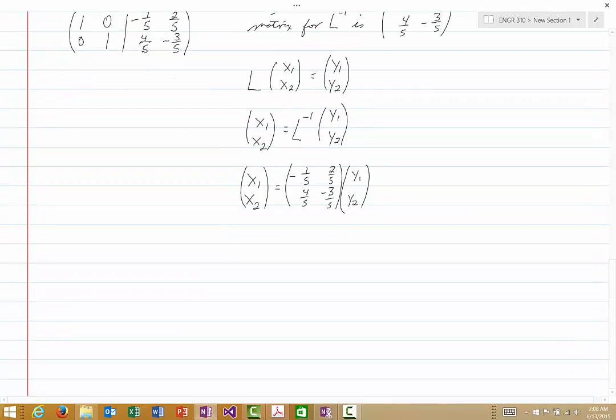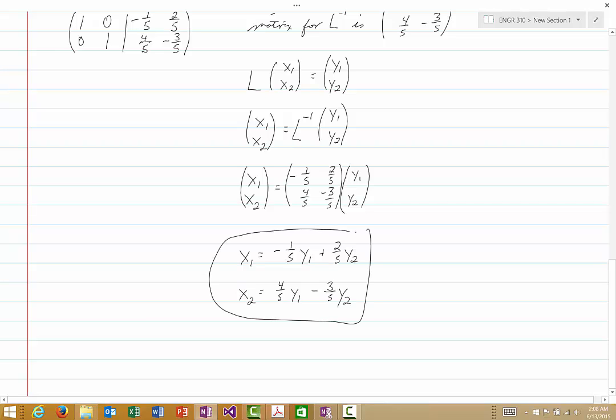And so our final conclusion is x1 is equal to minus 1/5 y1 plus 2/5 y2, and x2 is equal to 4/5 y1 minus 3/5 y2. And that is a description of the inverse transformation.